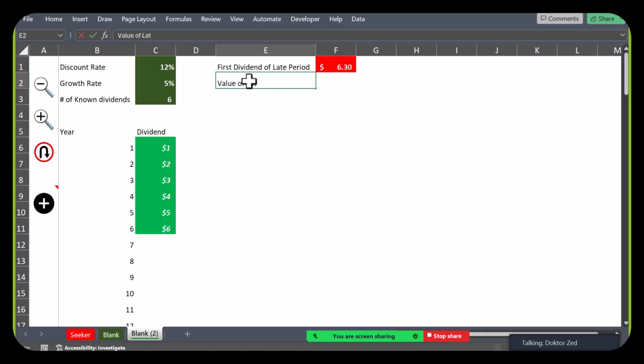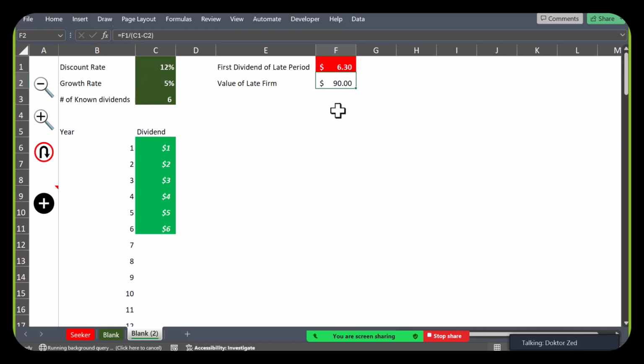The value of the late firm: first dividend of the late period divided by discount rate minus growth rate.